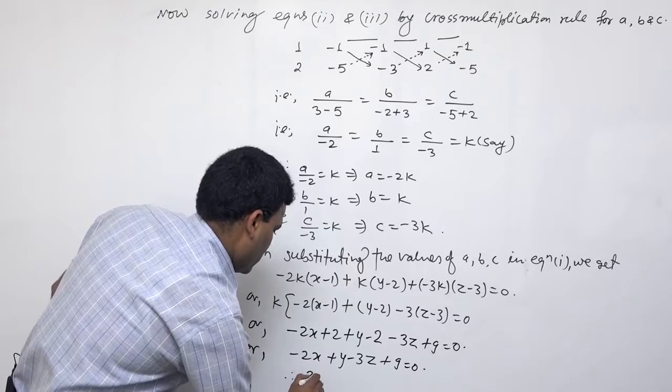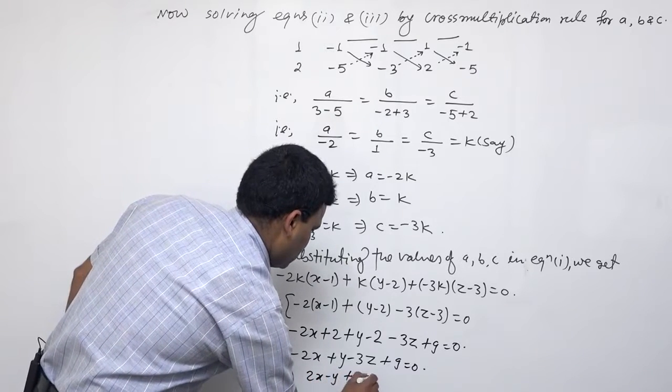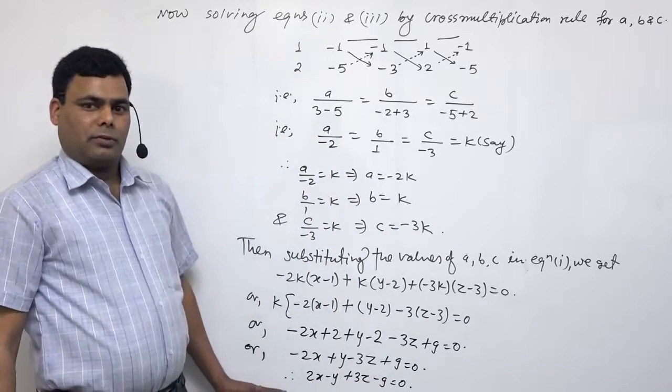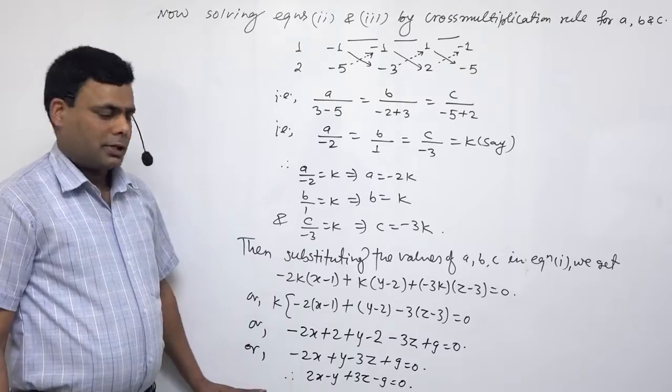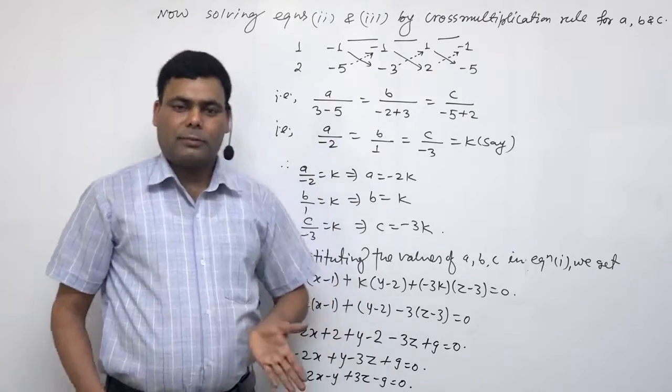Therefore 2x minus y plus 3z minus 9 equals to 0, which is the required equation of the plane passing through the point 1, 2, 3 and perpendicular to the given planes.